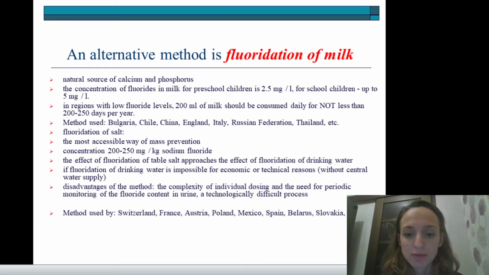An alternative method is fluoridation of milk, which, of course, is a natural source of calcium and phosphorus.